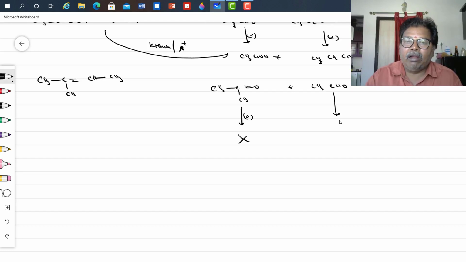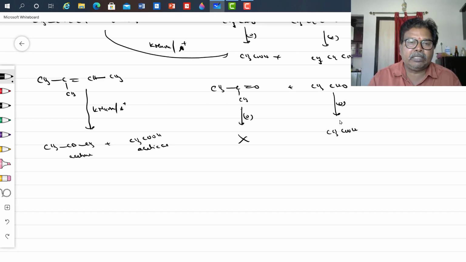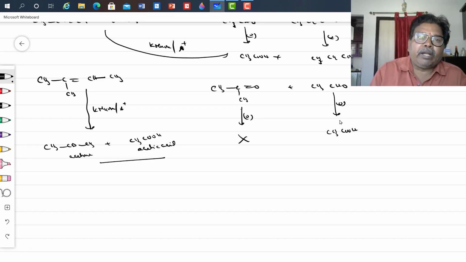The aldehyde undergoes oxidation to CH3COOH. So if this compound is treated with acidified or alkaline KMnO4 solution, we will get CH3COCH3, acetone, as one of the products, plus CH3COOH, which is acetic acid. Clear? This is how to write the products in the reaction.